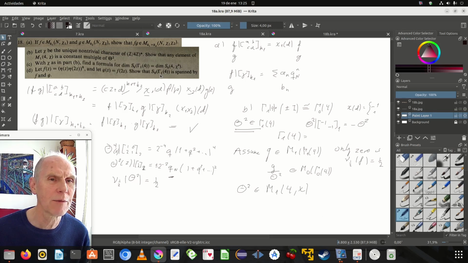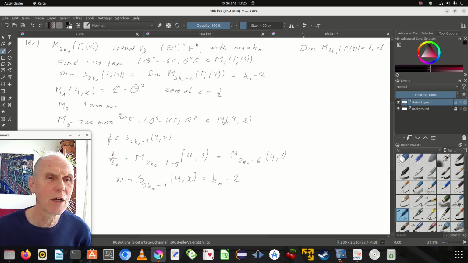S8 gamma 1 of 4 is spanned by these two. Well, let's check the dimension.